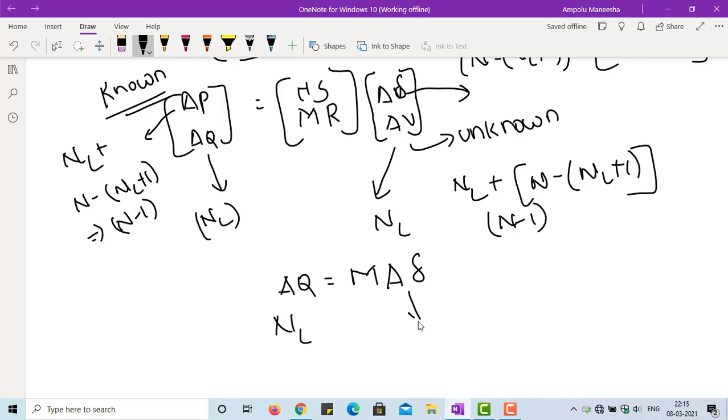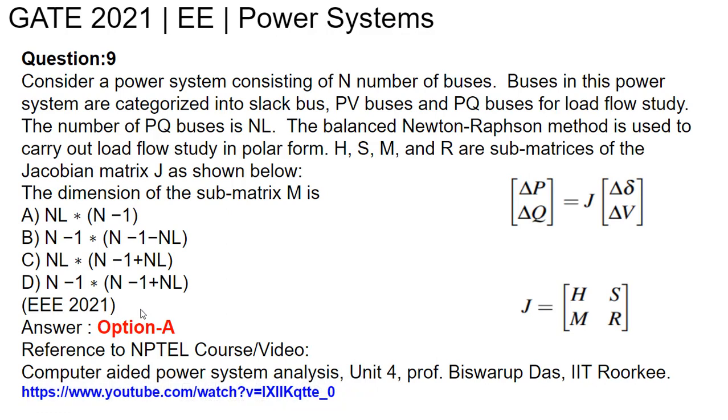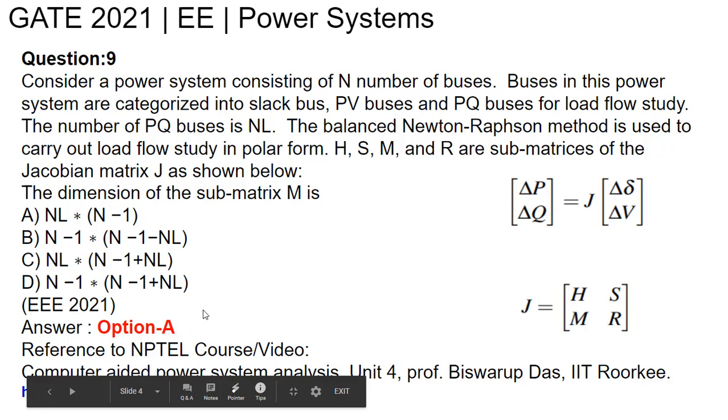How many delta deltas we have unknown, means we have to find, that is N minus 1. NL cross N minus 1. So the size of the Jacobian submatrix M is NL cross N minus 1. Option A is the correct answer.